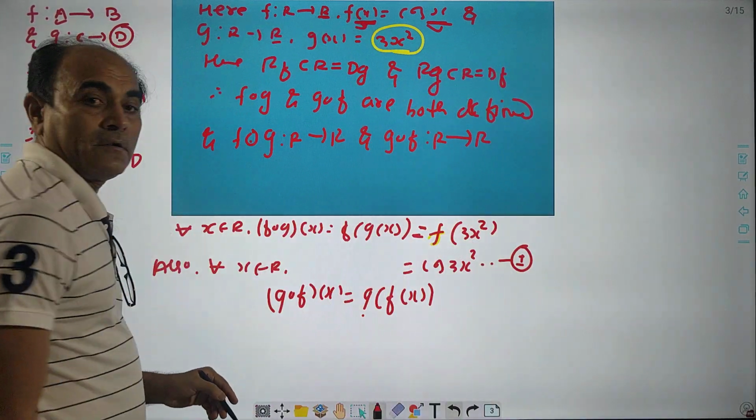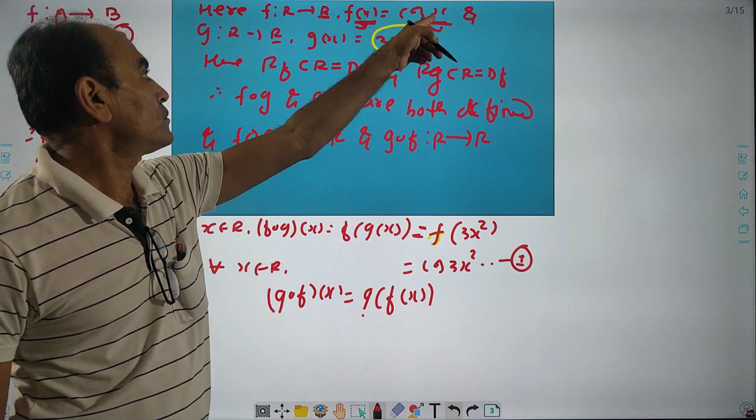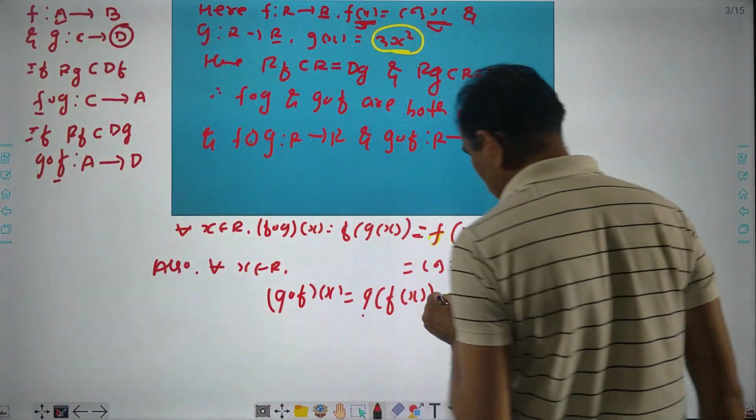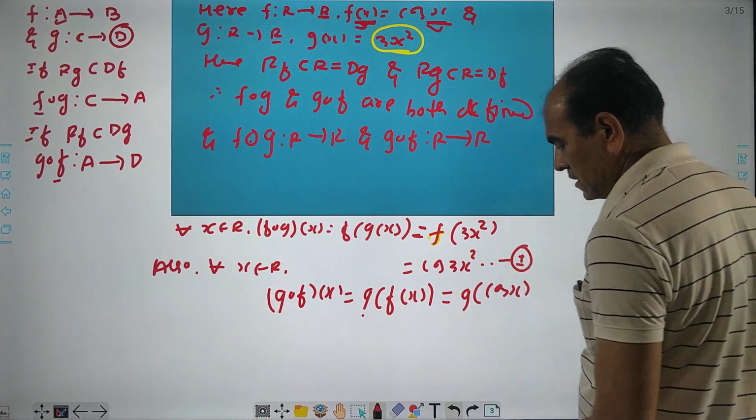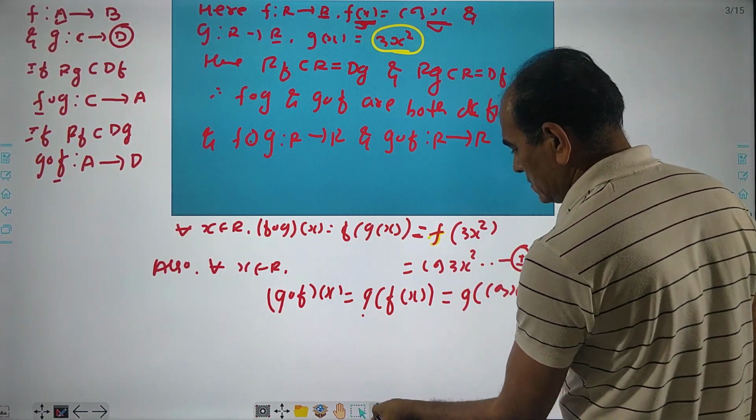Now see here, what is f(x)? f of x is equal to cos x. So that is equal to g of cos x.